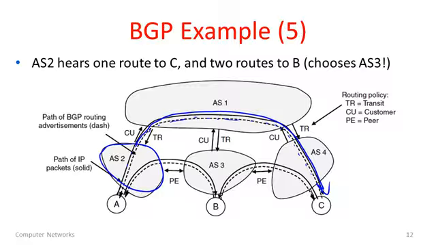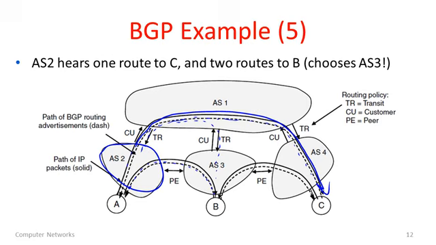What about to reach B? Well, we actually heard two announcements. We heard one which came up here, the transit one, and we heard one which came here from AS3 directly to AS2. Since AS2 has now heard two announcements, it can use its policy to decide which of them is better.